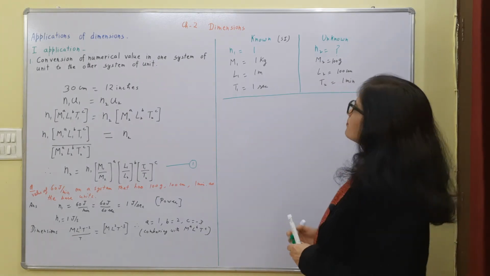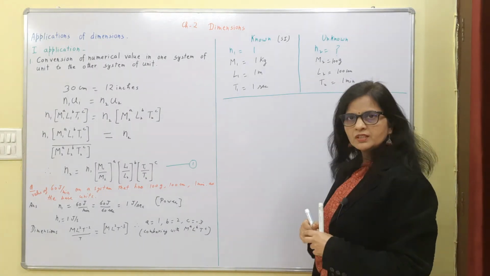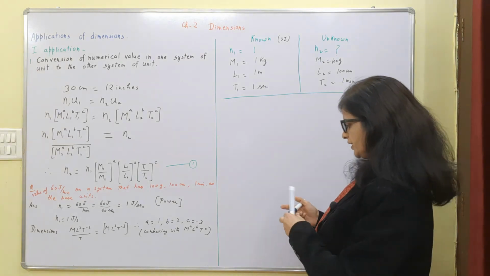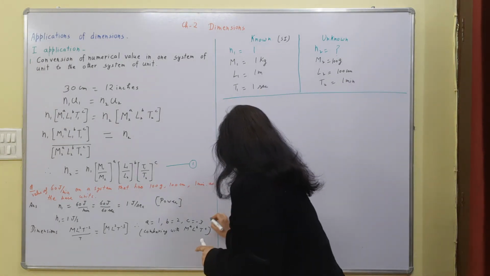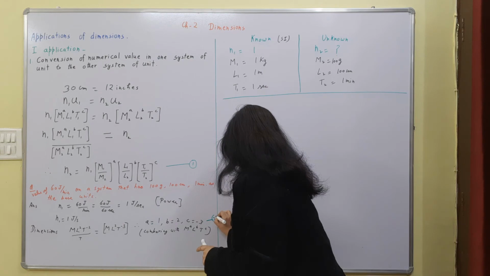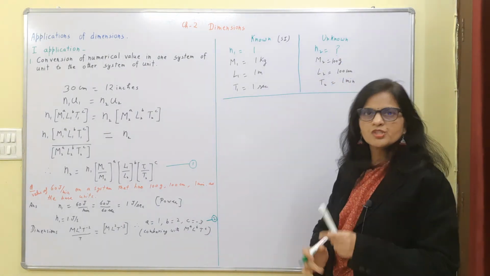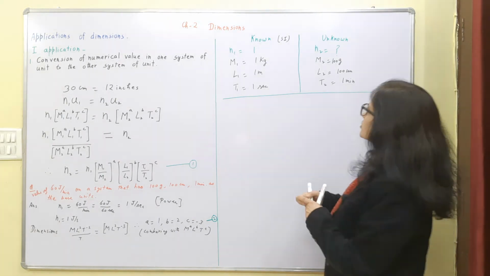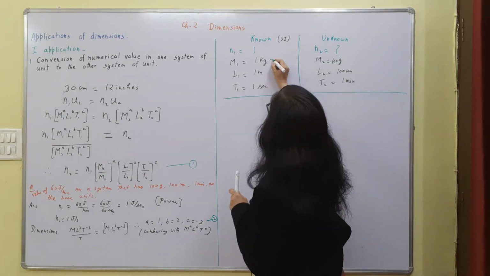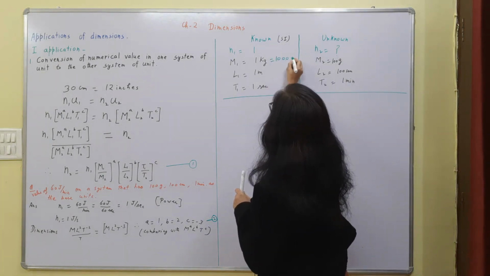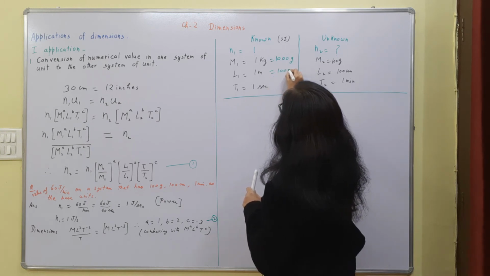Now what will be the next step? We have to put the values in this equation, but before that we need to convert these values in such a form so that we are in a position to cancel the units, right? So for this we can write 1000 gram, this we can write 100 centimeter.